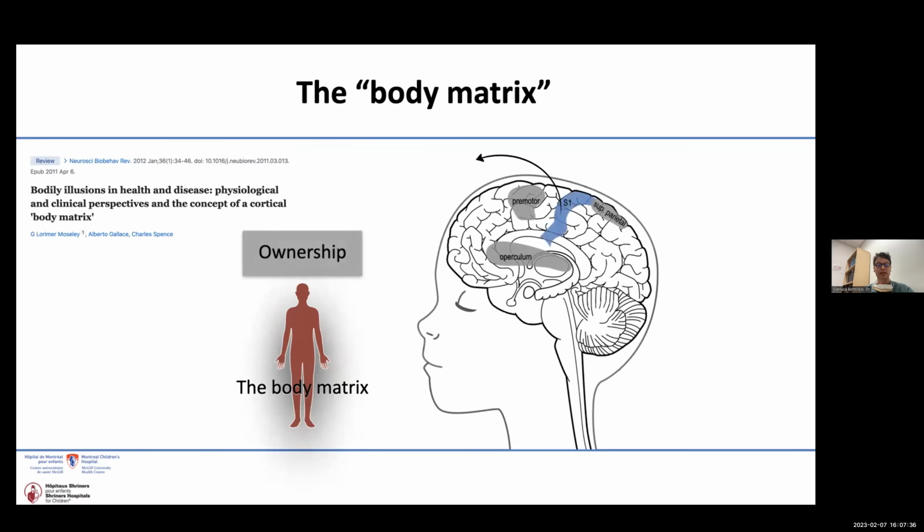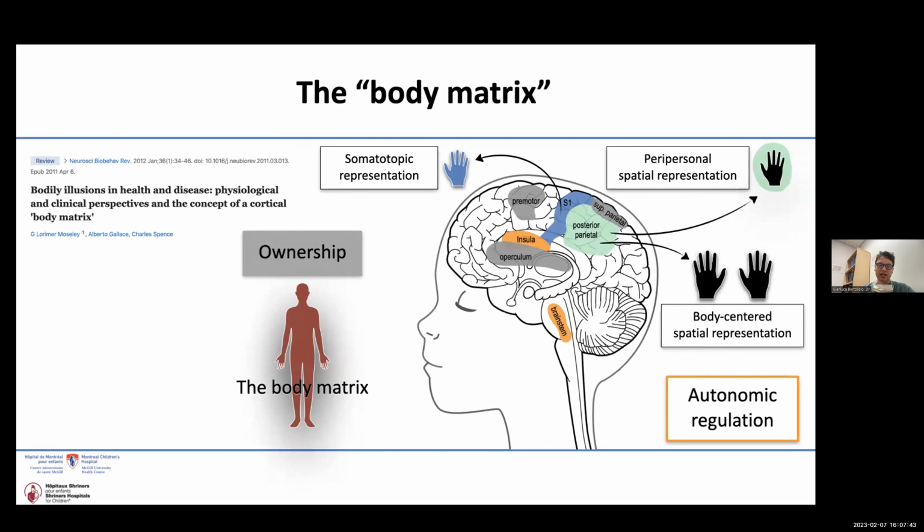This is because the body has to take the information from inside and outside the body, put it together, find a coherence, and create a simulation to react properly. So, for example, if someone touches our hand, we see our hand being touched, and we also feel it, and the body has to recognize that it is actually part of our body that is touched.